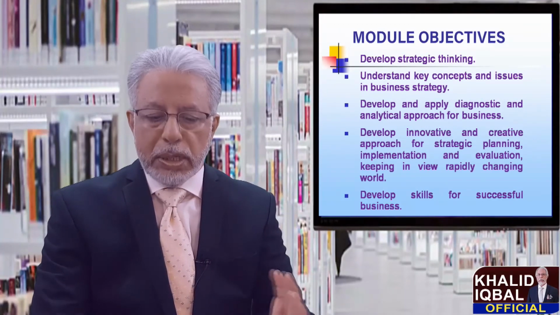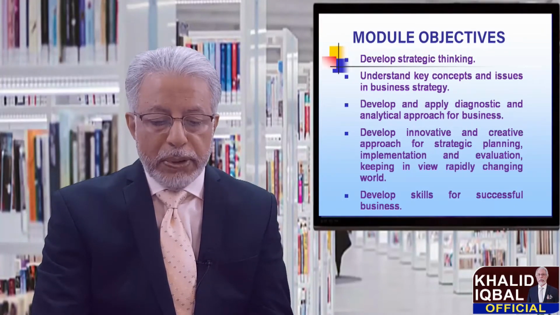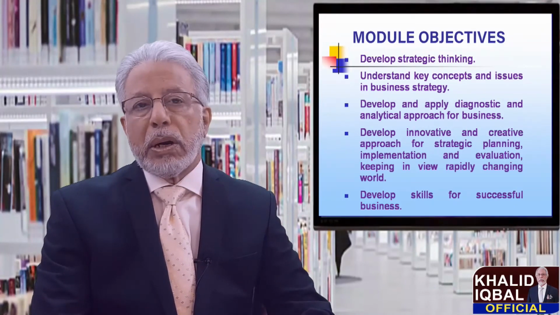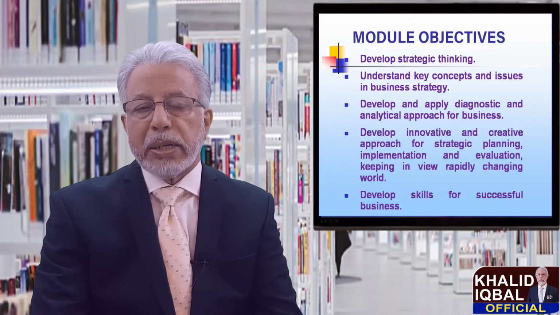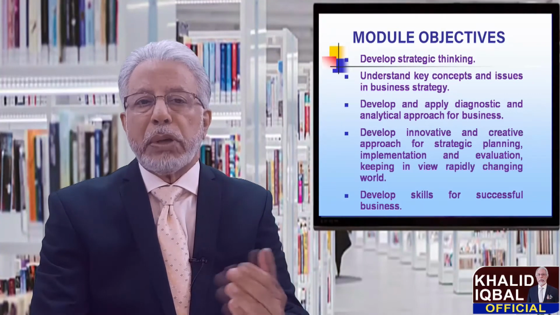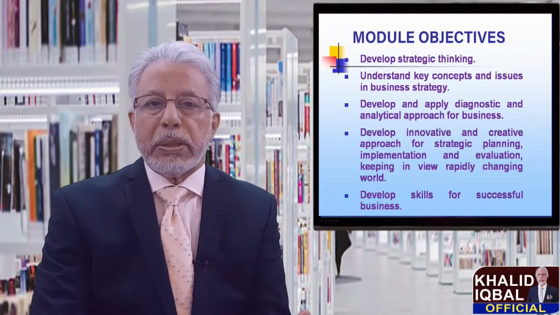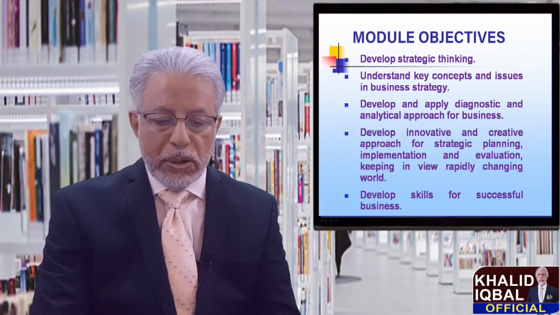You understand the environment also. Only then can you do strategic planning. And then how you implement your strategic planning, and at the same time when you implement, you have to evaluate also whether your planning is getting the results or not.